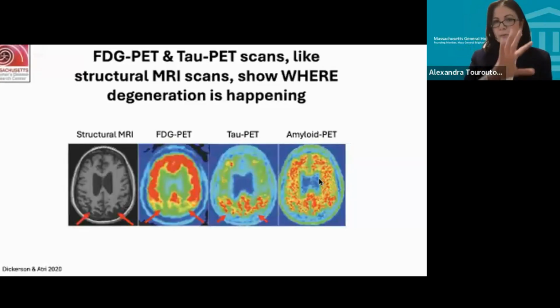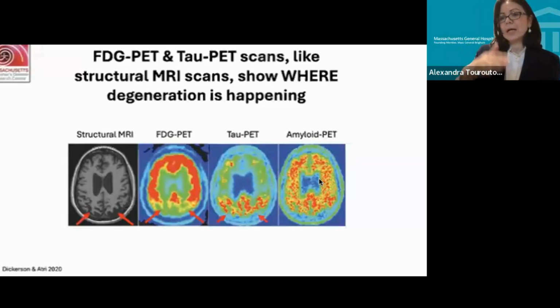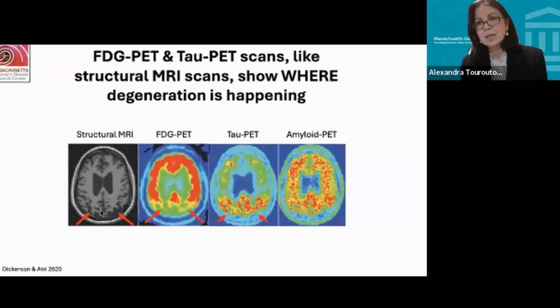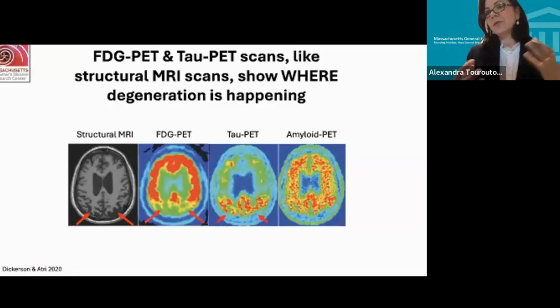Here we don't see where the amyloid plaques are. This is just whether someone has amyloid plaques over a particular amount, over a threshold. So this is a positive amyloid PET scan, and that shows hypometabolism in particular areas of the brain, where you see tau tangles and atrophy in the same areas, and this is suggestive of someone having Alzheimer's disease. So I wanted to say that we really need both a structural MRI and the PET scans to make an accurate diagnosis.